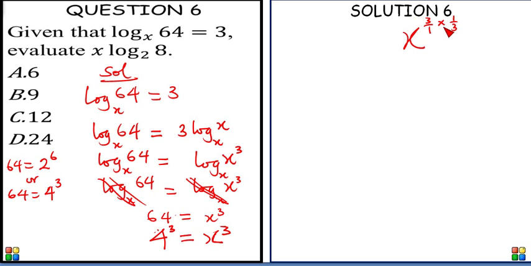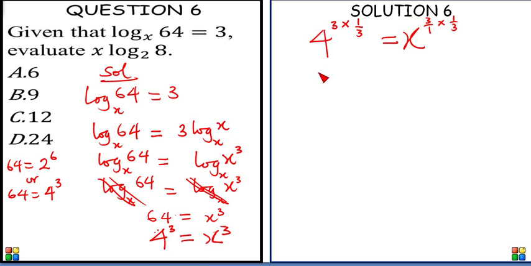I multiplied by the inverse of that 3 over 1. Whatever I have done on this side should be done on the other side also. Since you have multiplied this power by 1 over 3, we have to multiply the power of this also by 1 over 3, so that the equation remains balanced.